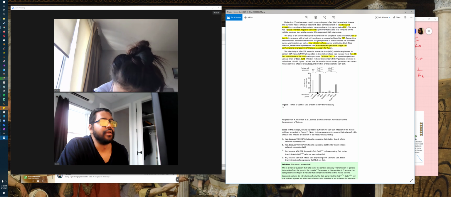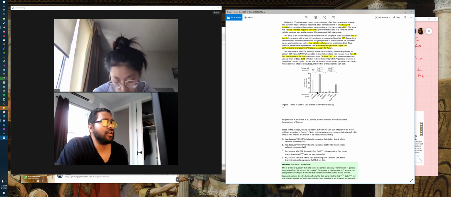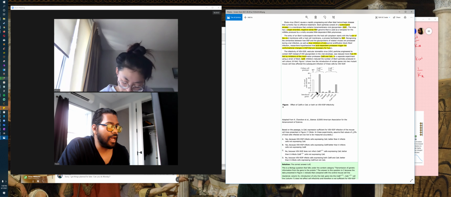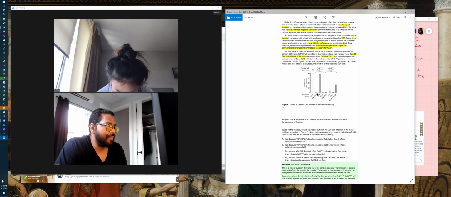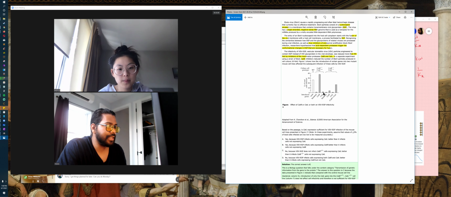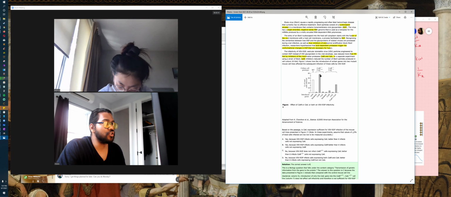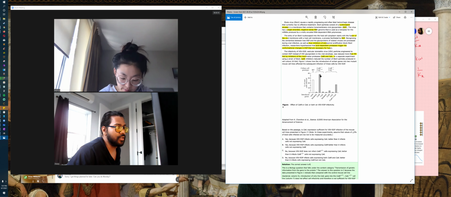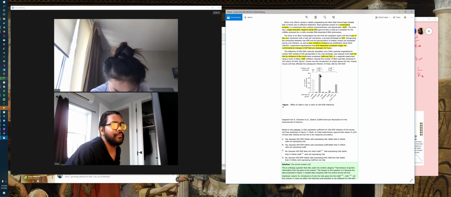The control and the introduction of cat L don't really do anything, which makes sense since it already can make cat L. However, if you introduce cat B and it can't make cat B itself, you see a dramatic increase in the total number of cells infected.